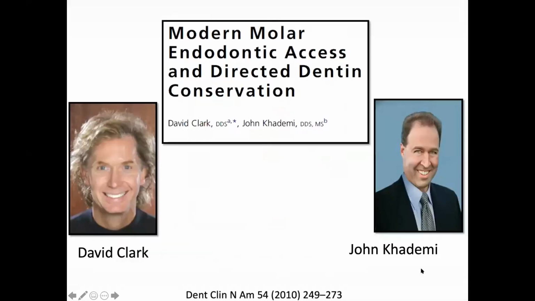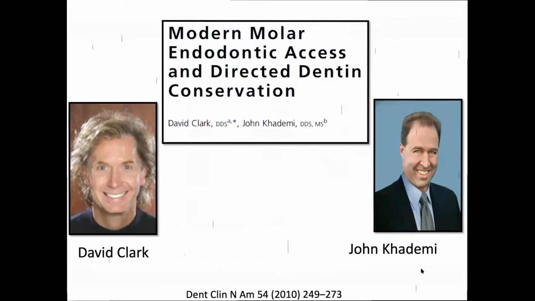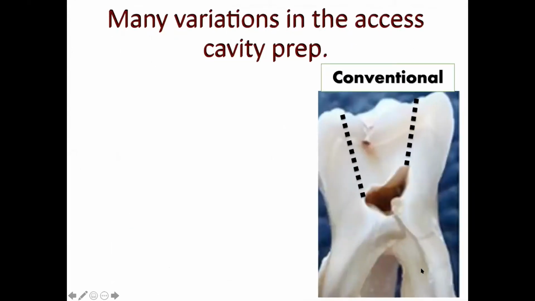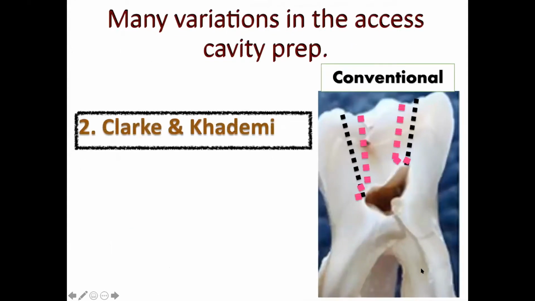Thus, one such evolution was the modern endodontic access cavity by Clark and Khademi, whose main attempt was directed towards dentine conservation. There are many other variations also seen in access cavity preparation. One, as we saw, by Clark and Khademi.